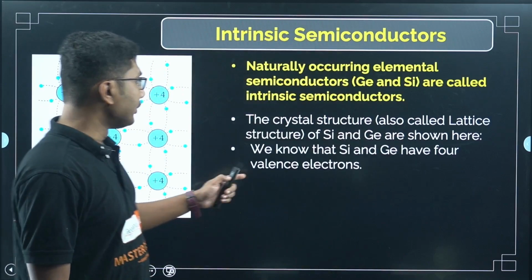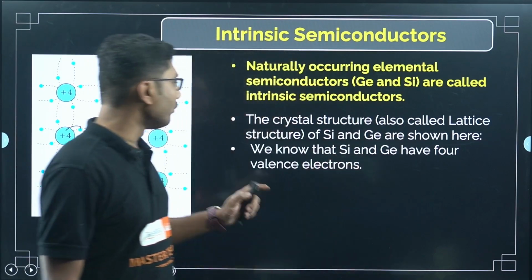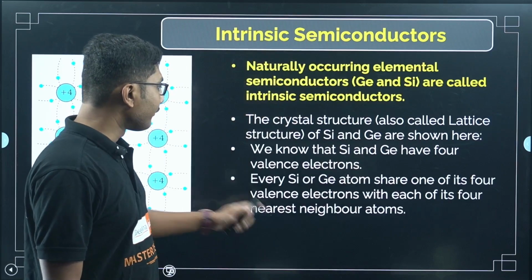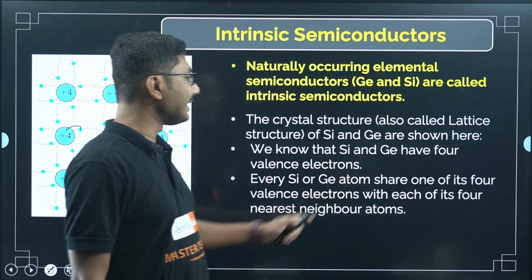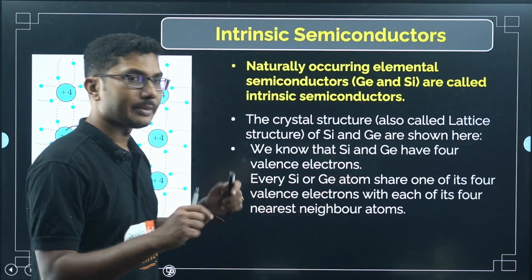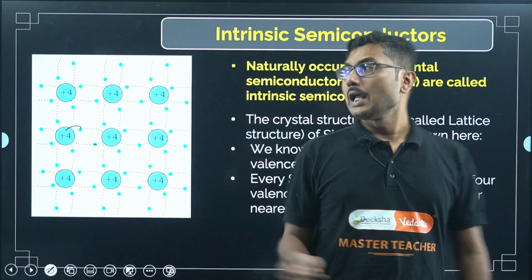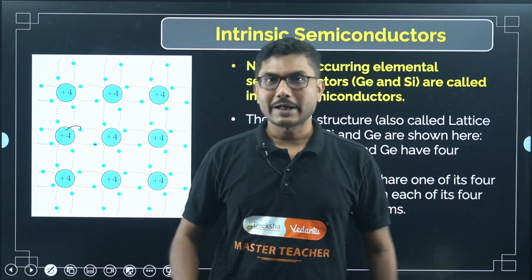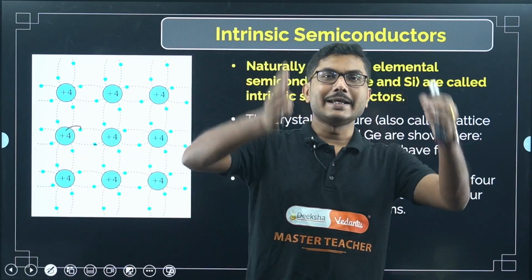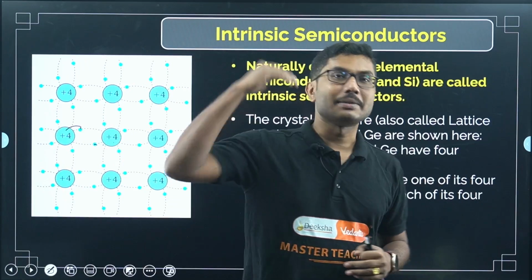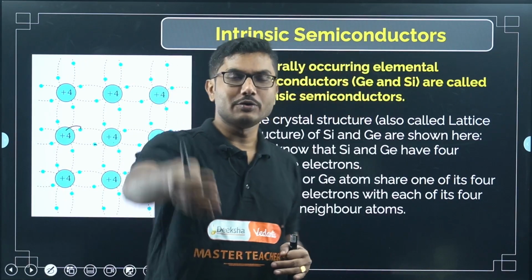Silicon and germanium have 4 valence electrons. Every silicon or germanium atom shares one of its 4 valence electrons with each of its 4 nearest neighbor atoms. Nearest neighbor means just next to it. For example, if you are studying in a class, your neighboring classes are whoever is just after you or just before you.